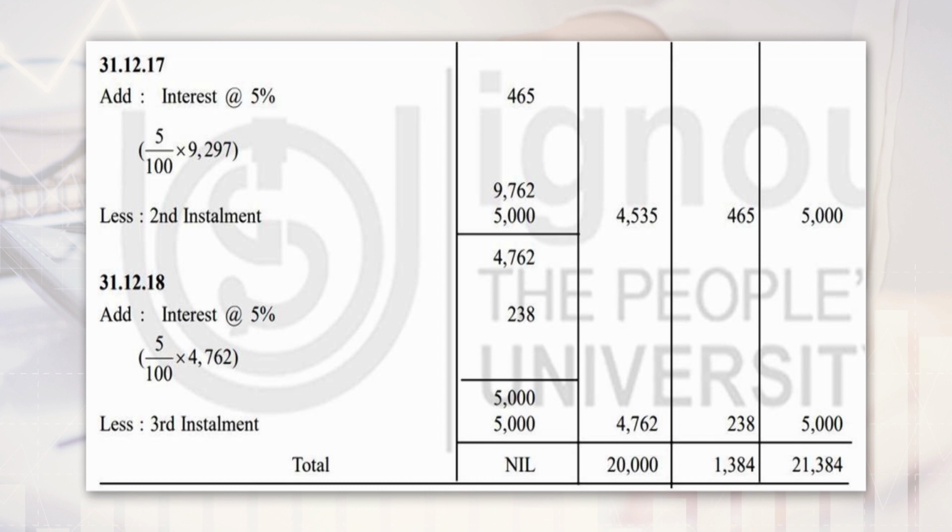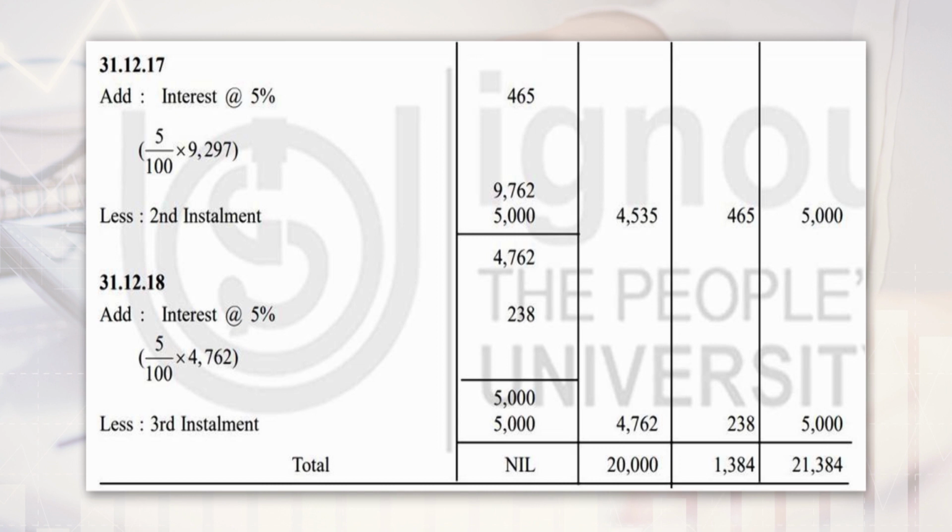So total it is 9,762. Then second installment 5,000. So after subtracting, this is 4,672. This is the amount outstanding at the time of third year installment.